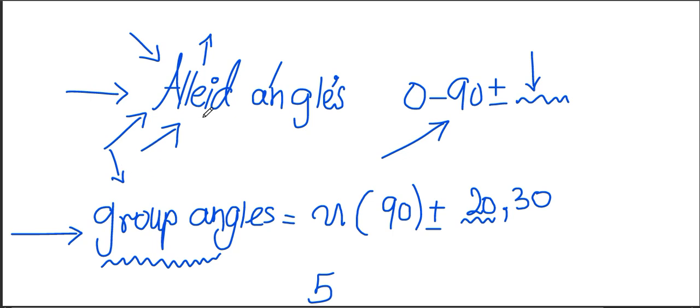You can consume it with whatever example you give to your mind. That is allied, a group of something. Now, what is that something? It is our angle.